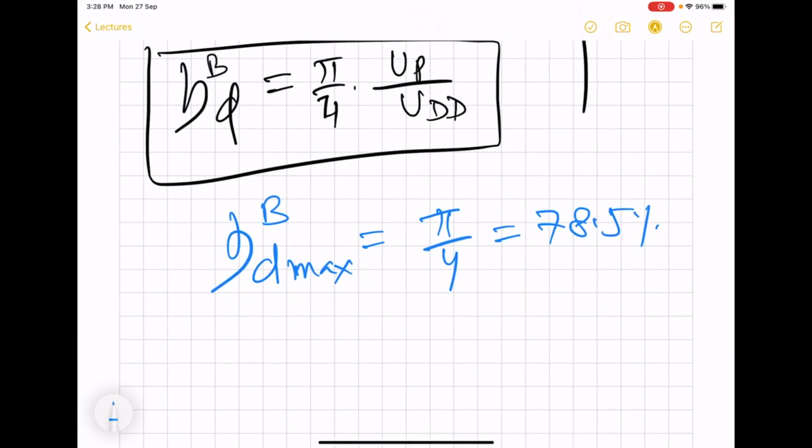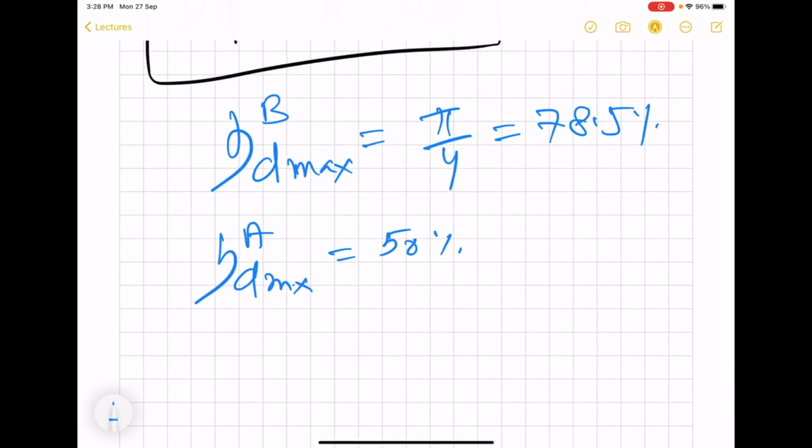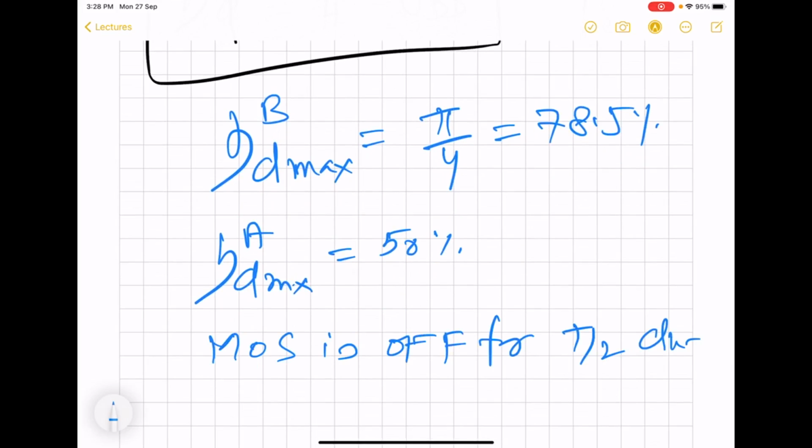So here we see that efficiency is more, compared with class A, which was 50%. The region is such that the MOS is off for T by 2 duration.